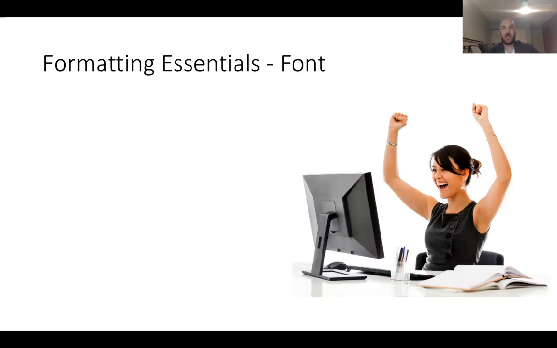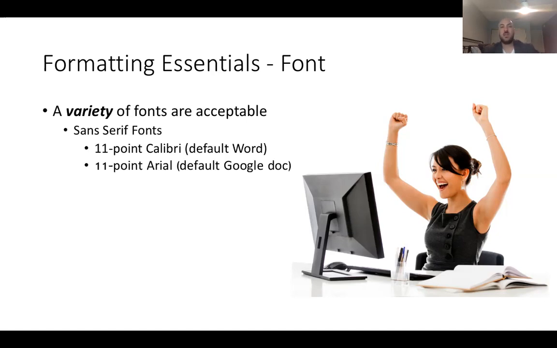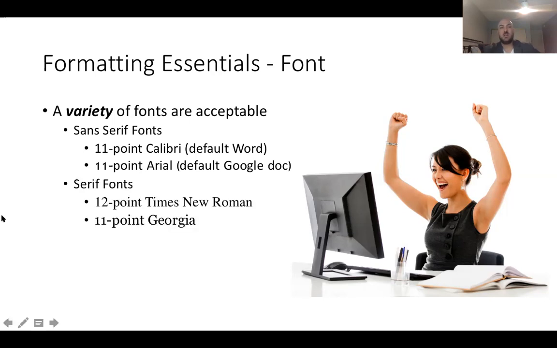Another major change from the 6th edition of the APA style manual to the 7th edition is you now have options for font. A variety of fonts are acceptable. Remember in the 6th edition, it was Times New Roman, 12-point font, that was it. Now you have a few options of serif fonts and sans serif fonts.